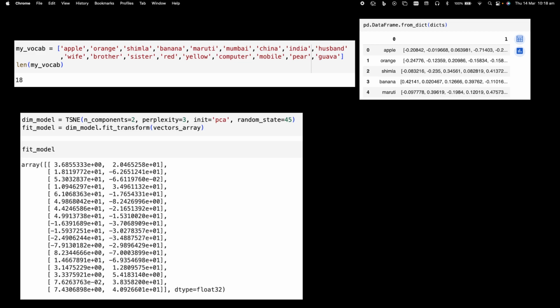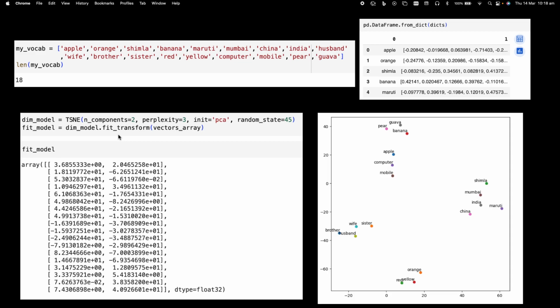Obviously, it's really hard to wrap my mind or your mind around 300 dimensions. So it will be better if I can see it in X and Y planes. So I'm trying to reduce it to 2 dimensions, with some other parameters like the random state. I'm trying to fit the model and visualize it. If you see, the pair guava and banana are assembled on one side of the graph. All the Apple, computer, mobile.